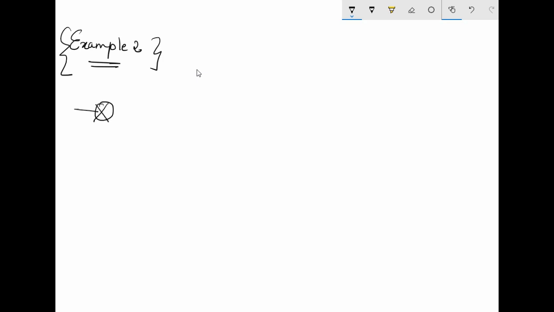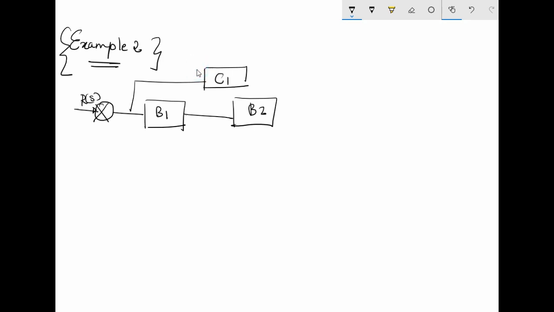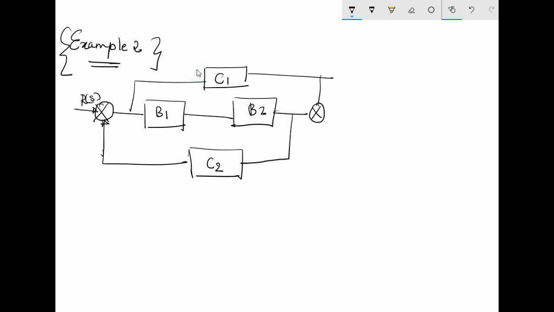So if you have your RS here, and this is your B1, this is your B2, and this is your C1, and this is your C2 here, and this is CS.